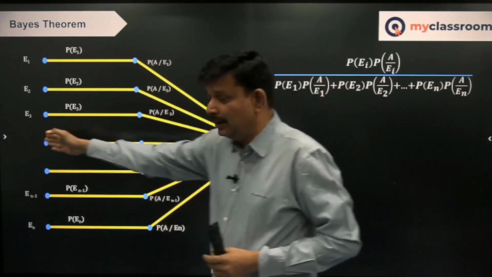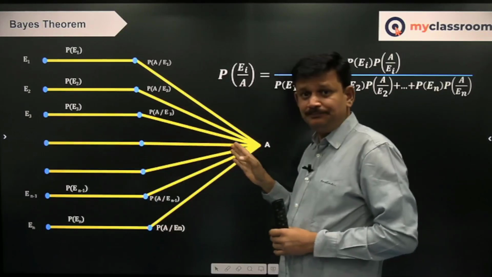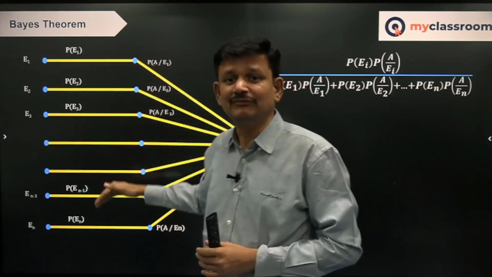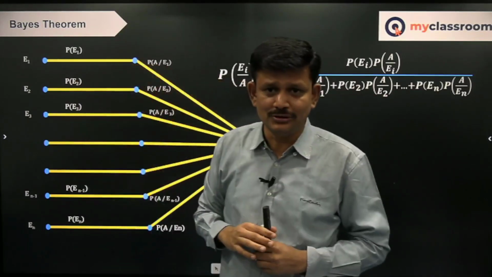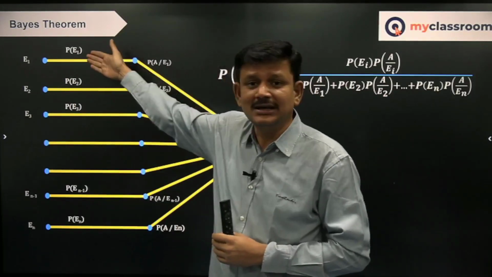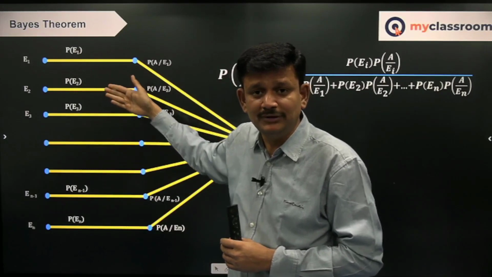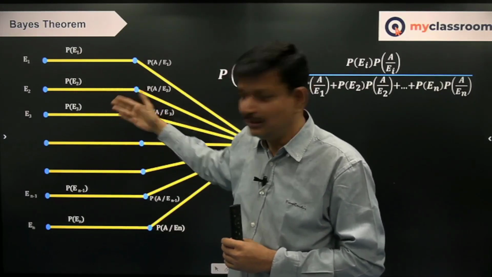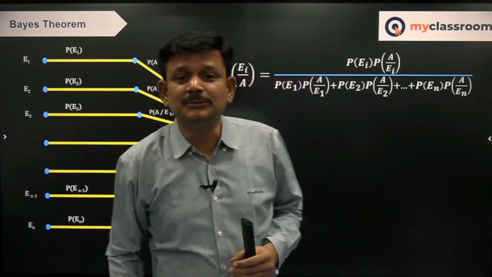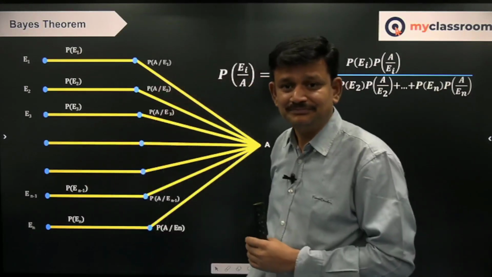Now, the friend is traveling from 1 to 2. It could be any one of the n roads. We don't know which route he is going to choose. Let's say he can choose road number 1 with probability P of E1, road number 2 with probability P of E2, road number 3 with probability P of E3, so on, road number n with probability P of En.